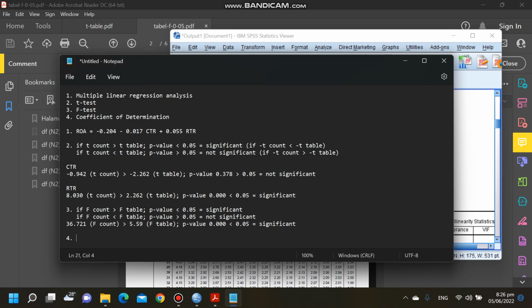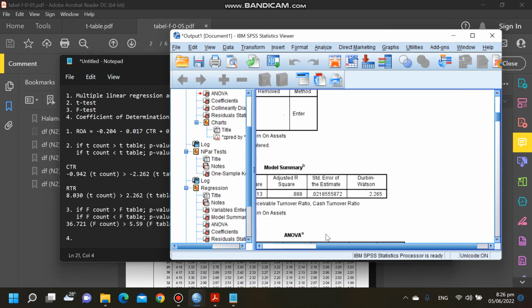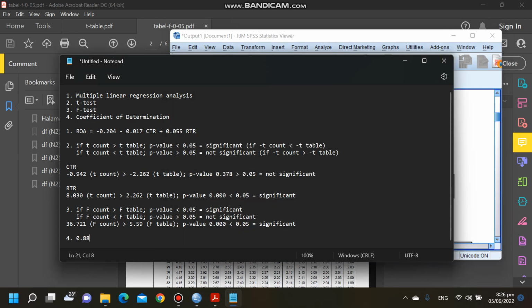The last one is the coefficient of determination. We find it here, in the model summary, and what we find is the adjusted R squared. So 0.888 times 100%. So your coefficient of determination is 88.8%.